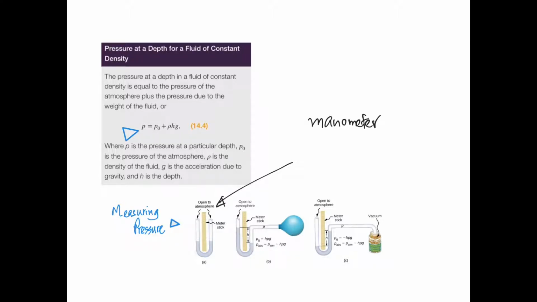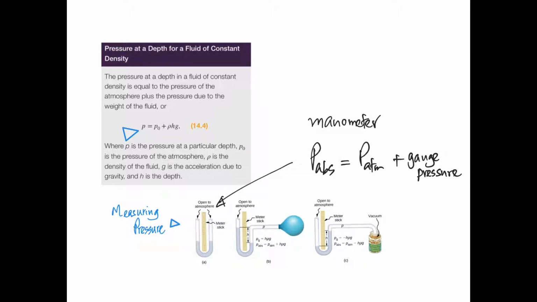And when you add the atmospheric pressure, what you get is called the absolute pressure. So the formula is that absolute pressure is always the atmospheric pressure plus the measured pressure. And the pressure is measured using a gauge, so that's called the gauge pressure.